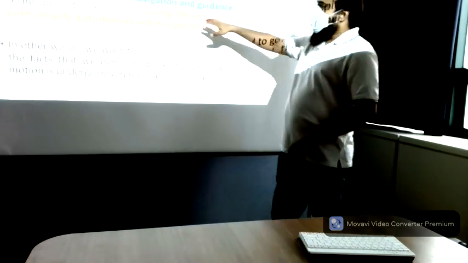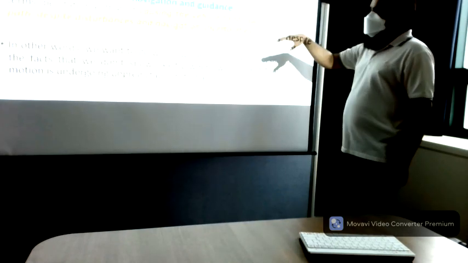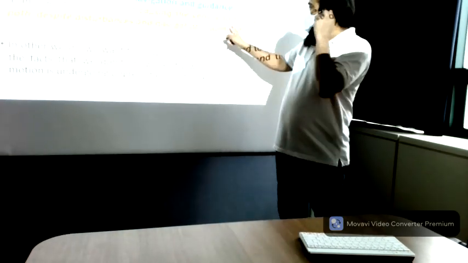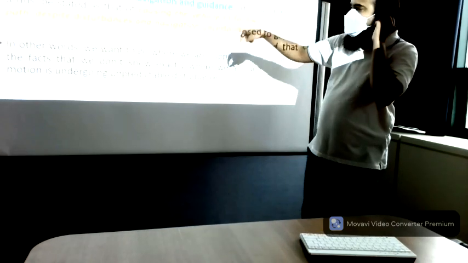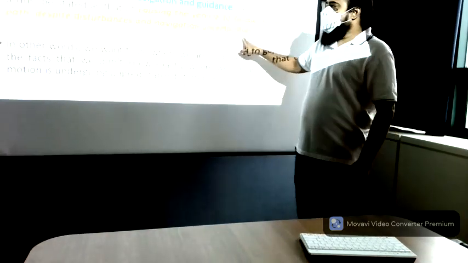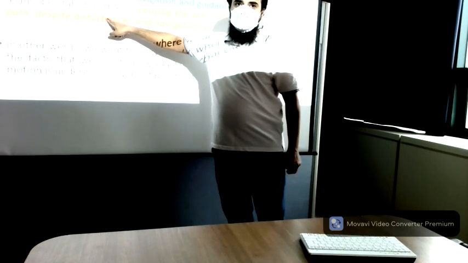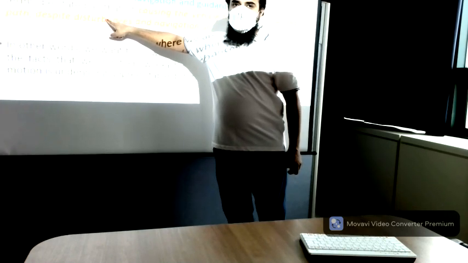Now if we combine navigation and guidance, in broad terms it can be stated as causing the vehicle to follow its desired path despite disturbances and navigation uncertainties. Disturbances mean the wind, thrust misalignment and other things.